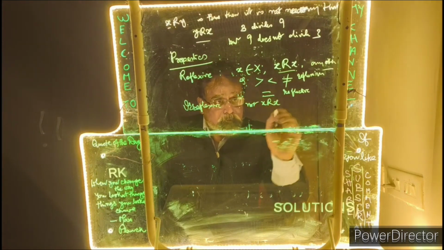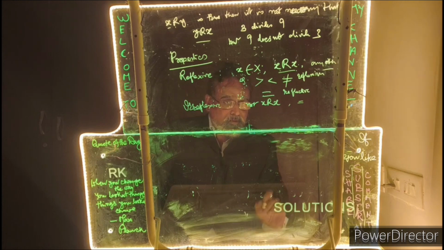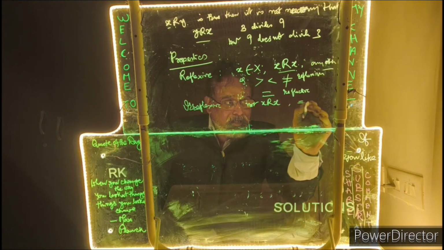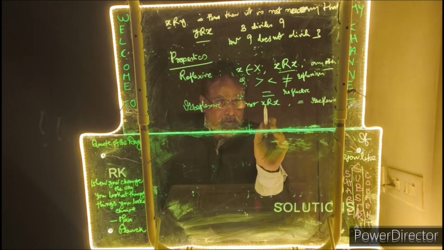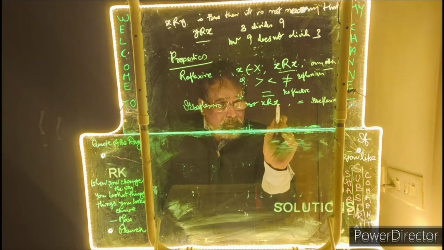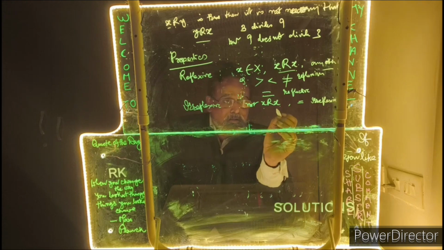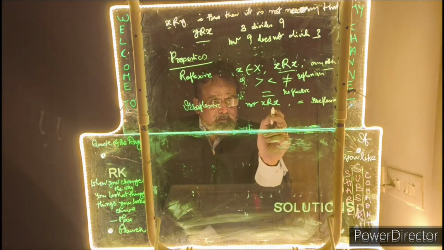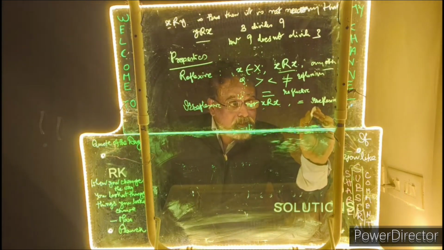If you take, let us say, the example of equal, equal is not irreflexive, why? Because x is equal to x. So the opposite, x is not equal to x, is not true. So this is not irreflexive.